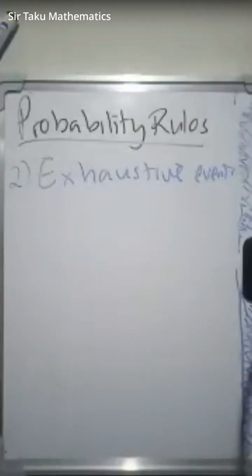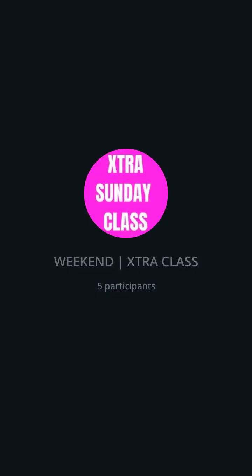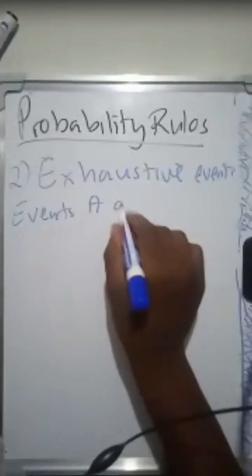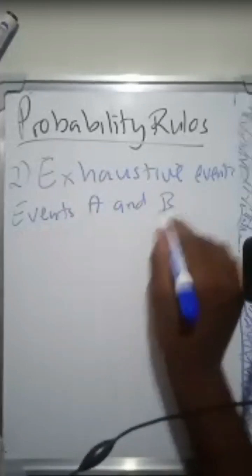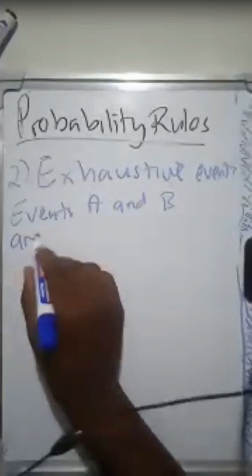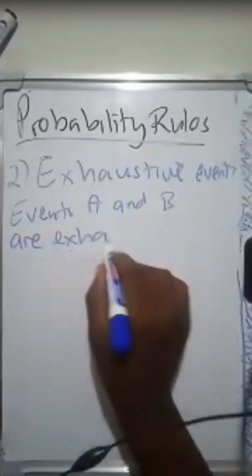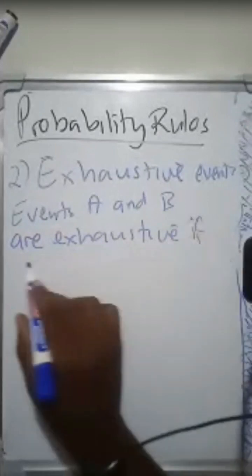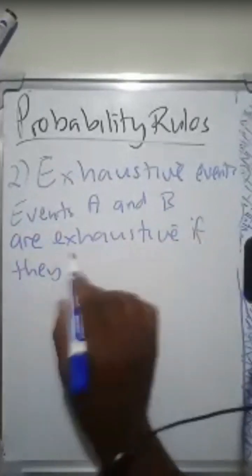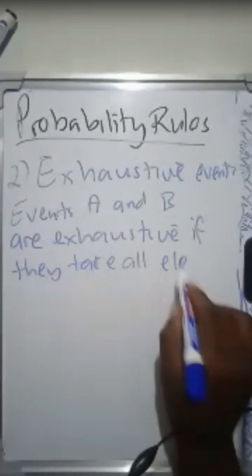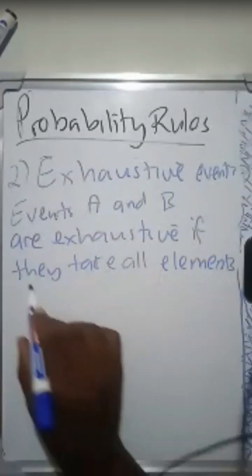We talk about events A and event B being exhaustive if they take all elements from the sample space.